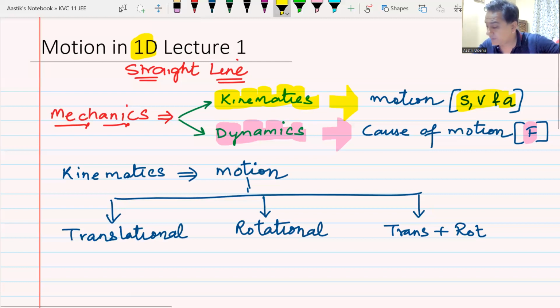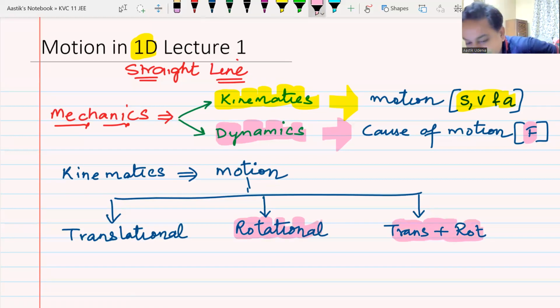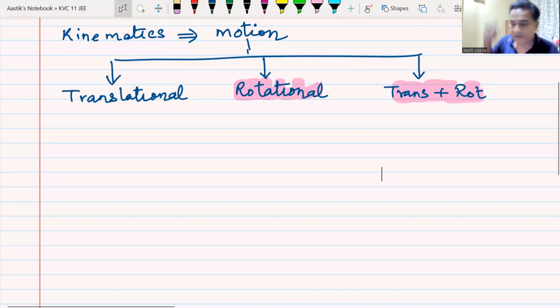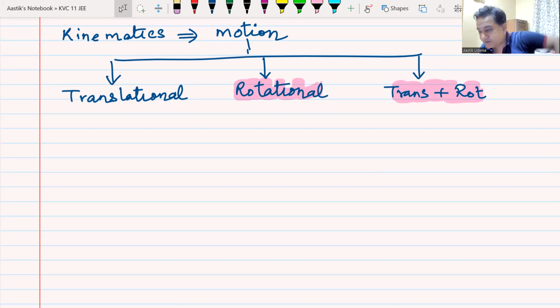These two types are going to come at a later stage, way afterwards, at the end of mechanics, literally.